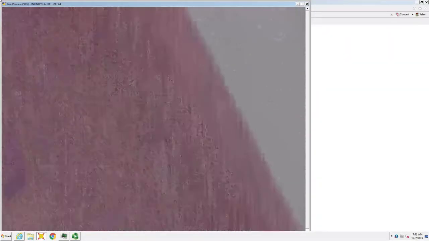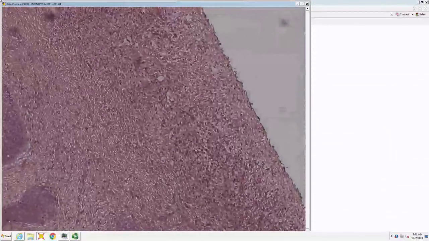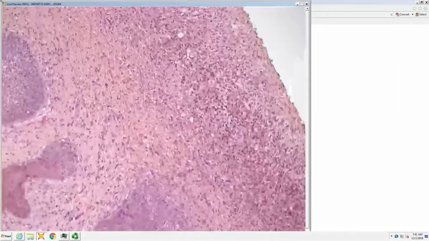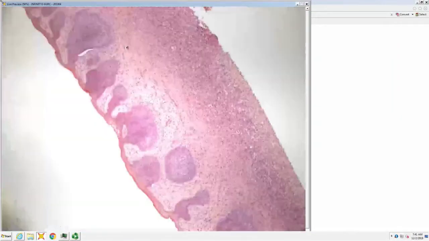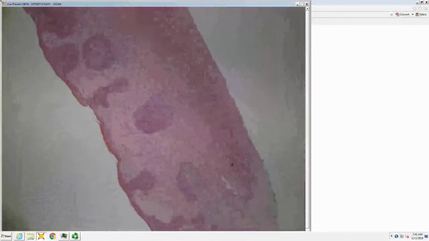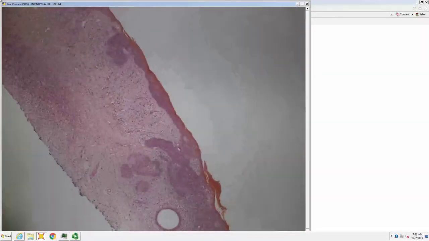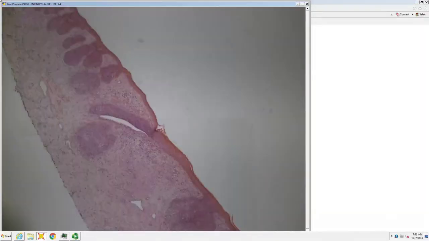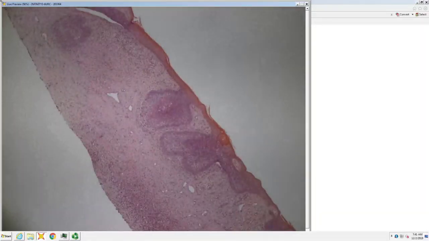So it looks like a dermatofibroma, and then the question is, what's overlying that dermatofibroma? Is that basal cell, or is it just basaloid induction? Most of the time, that's just basaloid induction. So it looks like a superficial BCC, but it's not going to behave like a superficial BCC.